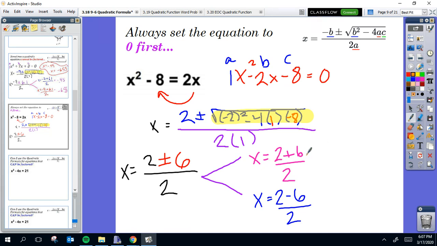So 2 plus 6 is 8, divided by 2 is 4. And on the bottom, I have 2 minus 6, which is negative 4, divided by 2, which is negative 2. So my final answers here are going to end up being x is equal to negative 4 and x is equal to negative 2.